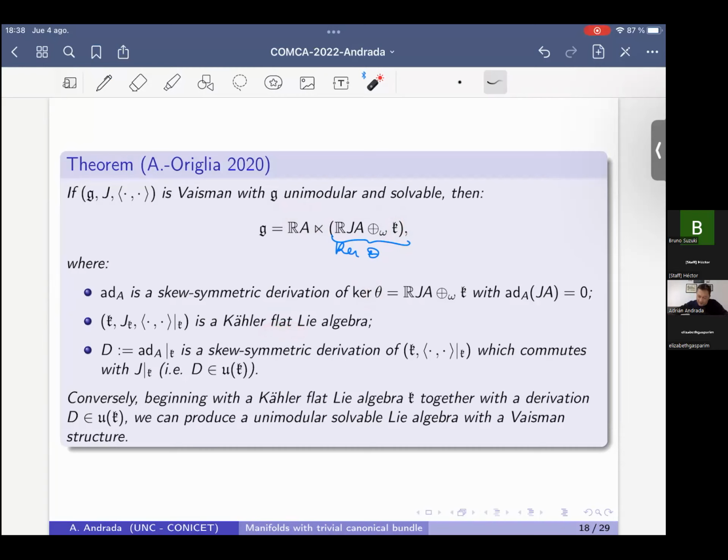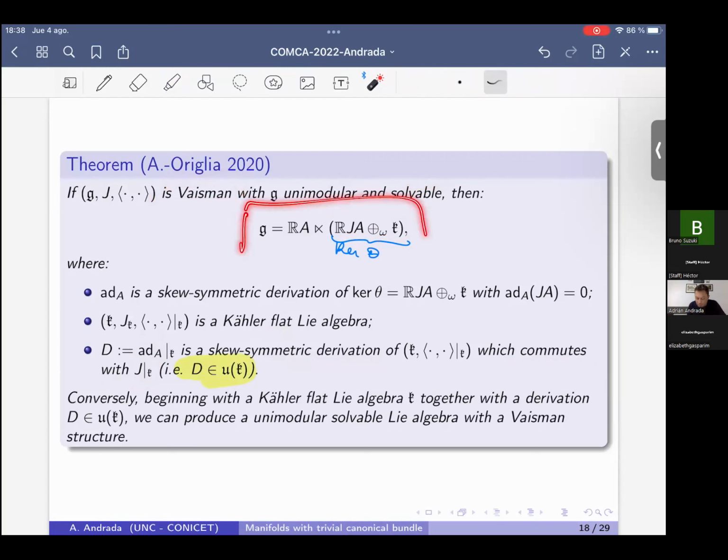And the action of A on this part here is well understood. If we restrict ad A to this Kähler Lie algebra, it is skew-symmetric and commutes with J. That is, it lives in the unitary group. I don't want to explain everything here, but we know how to describe exactly the Lie algebras which are solvable, unimodular, and have a Vaisman structure.